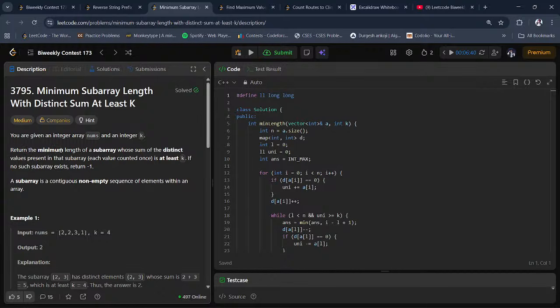Return the minimum length of a subarray whose sum of the distinct values present in that subarray, each value counted once, is at least k. If no such subarray exists, return -1.